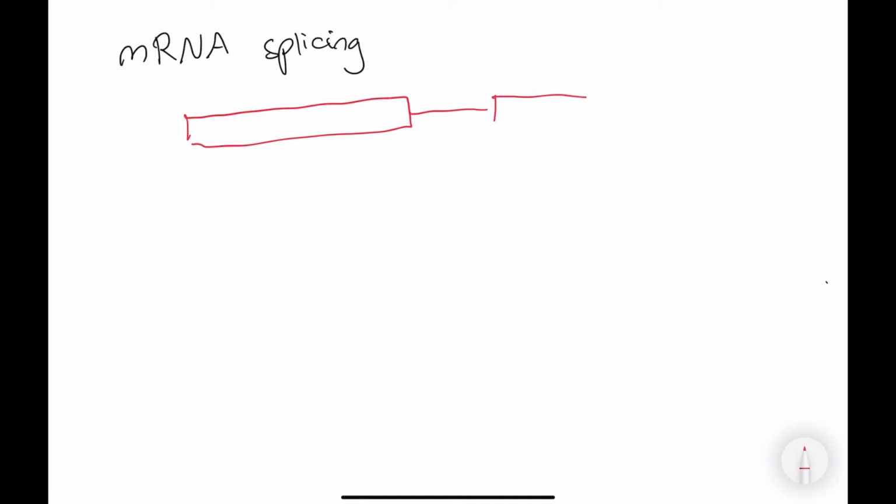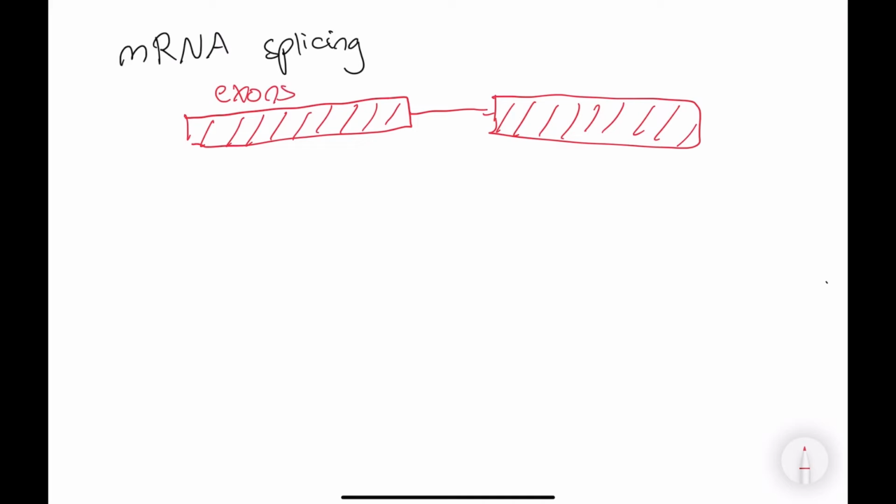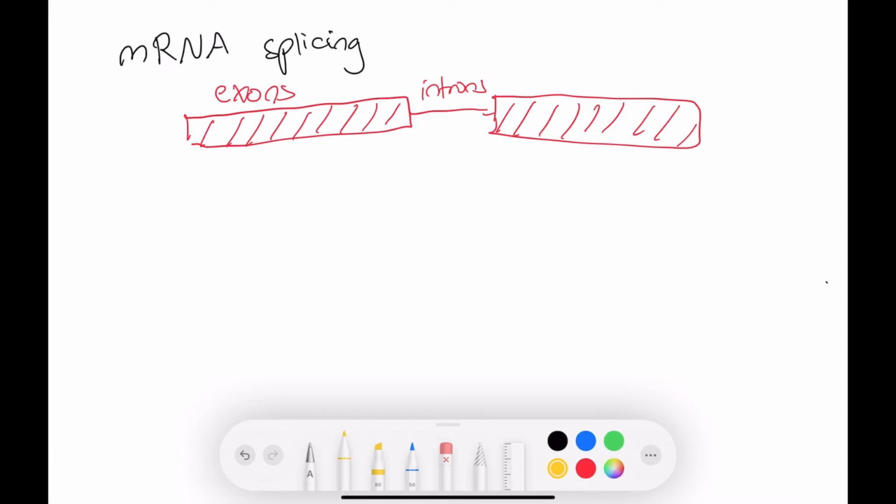I'll represent the coding regions by these shaded rectangle boxes, and they are officially known as exons. The non-coding regions are called introns. An example of those are the promoters and terminator regions mentioned earlier.